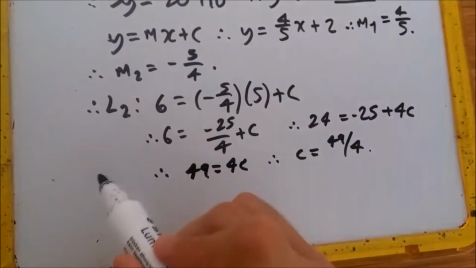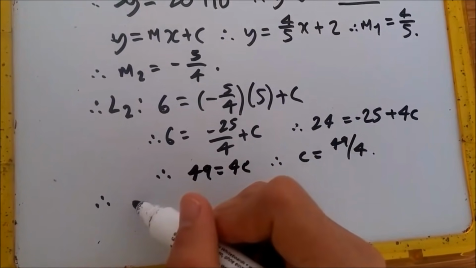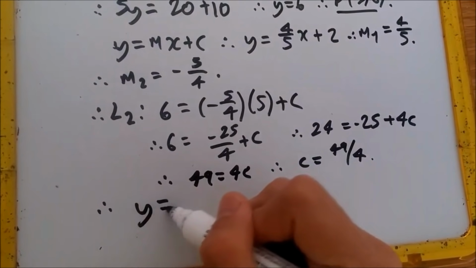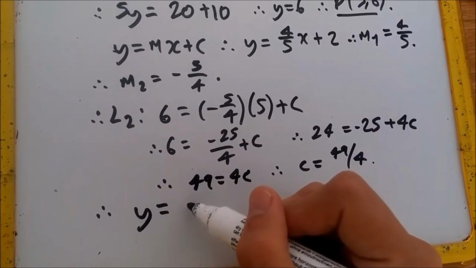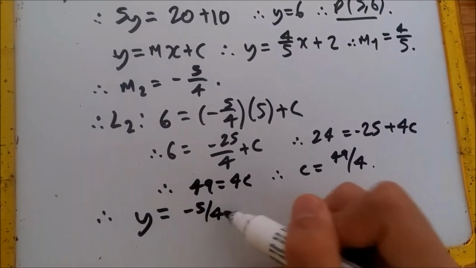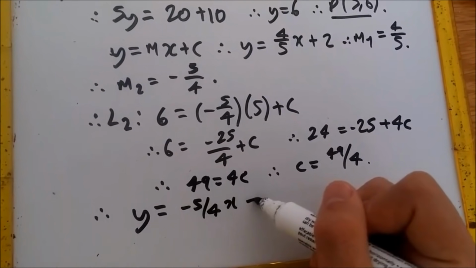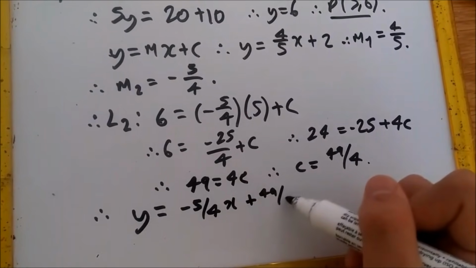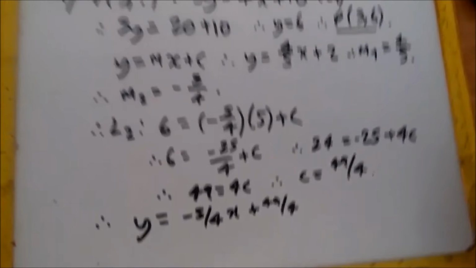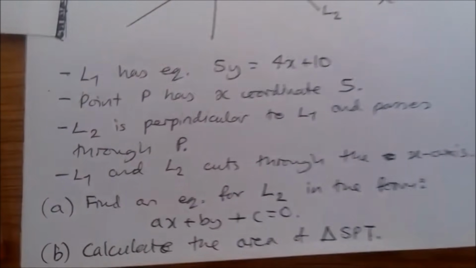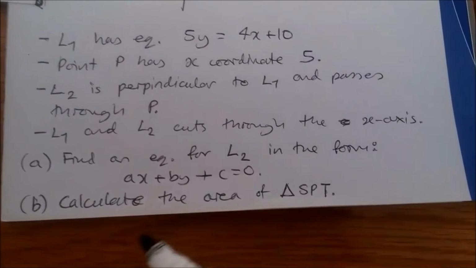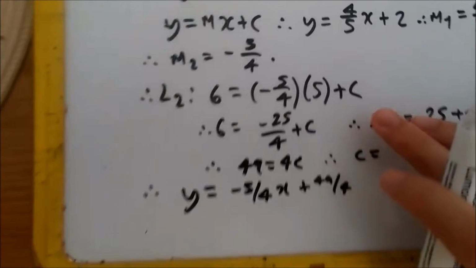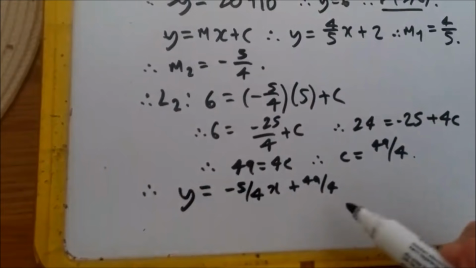Plugging everything back into the final equation, y equals mx plus c, we just replace m and c. We should have y equals minus 5 over 4 x plus 49 over 4. Because they want it in the original form, if you remember, the form ax plus by plus c, all you have to do is multiply 4 across.